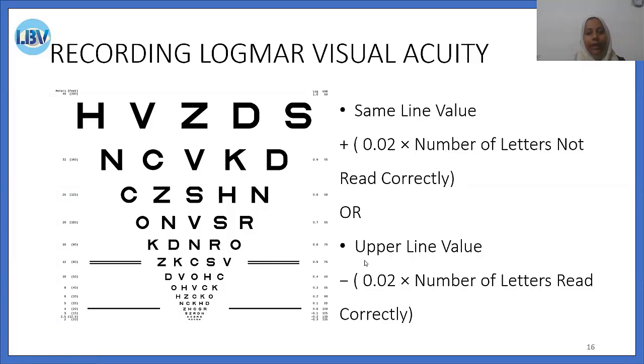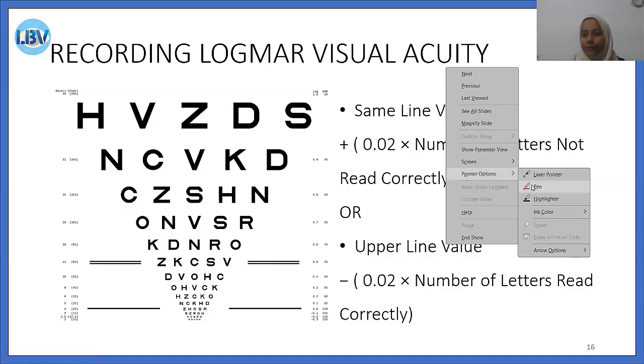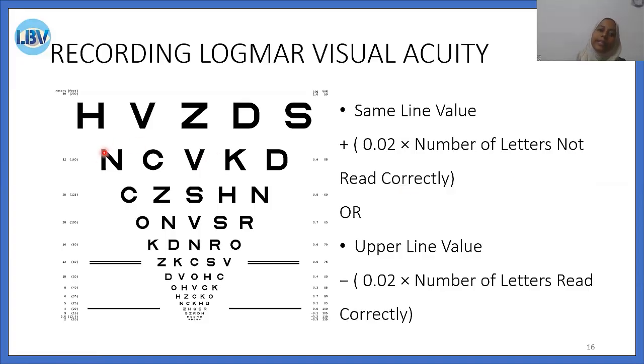Now, another way of recording the visual acuity in logMAR: you can also take the value of the upper line. Here it is 1 logMAR. You can take this value and subtract 0.02 multiplied by the number of letters read correctly. The number of letters read correctly is 3.